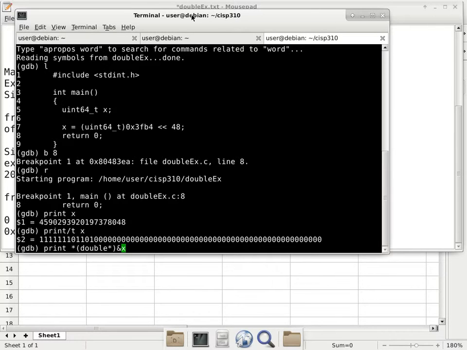So this is how I can force GDB, and you can use this code in a program as well, to look at the raw bit pattern of a location as something else. This is really low-level stuff, but it can be very, very useful. So we press the Enter key, and we should see 5 divided by 64.